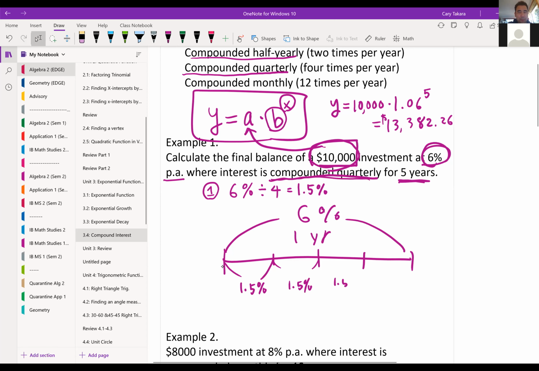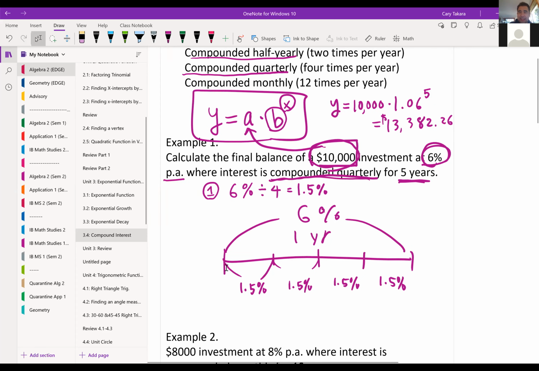And then you get 1.5%, and then 1.5%. Then you will get the total of 6%. So the first step is to divide the annual percentage by the compounding period. In this case, it's compounded quarterly, so you're going to divide by 4.